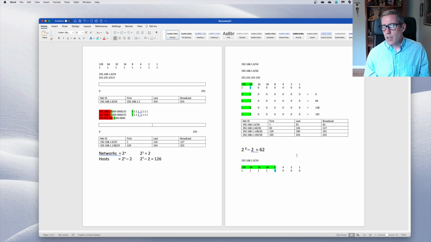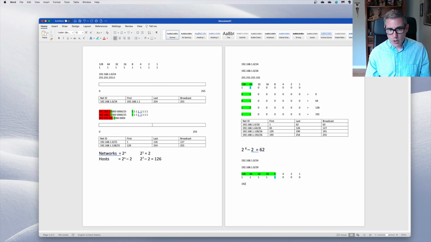Now if this were our situation, we would have 192.168.1.0 is our first network, slash 24 is what we started with, and we added 5. So we're at 29. Now we go here.